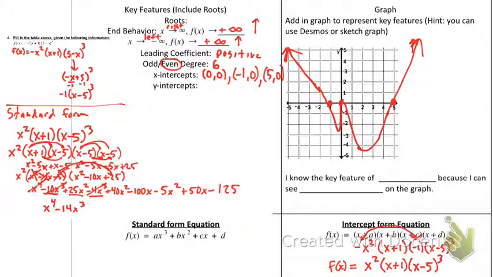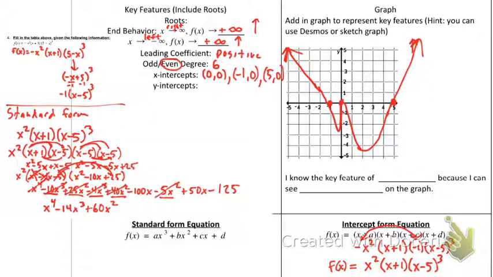X to the second, x to the second, and x to the second. All right, 25, positive 25, positive 40, that's positive 65. But then we're going to take away 5. So it gives us positive 60x squared.